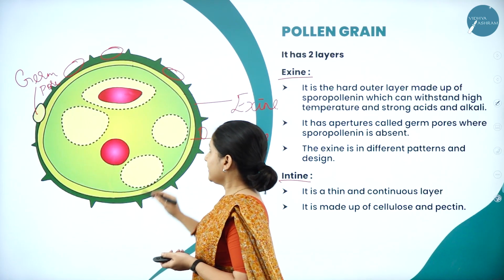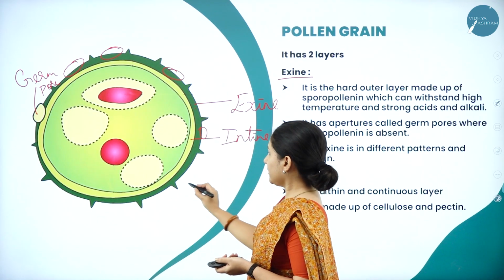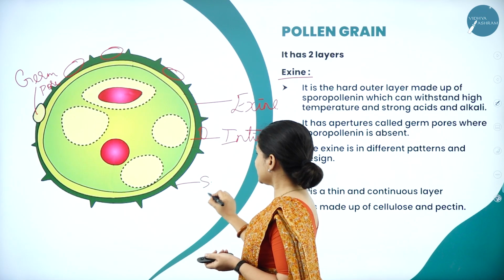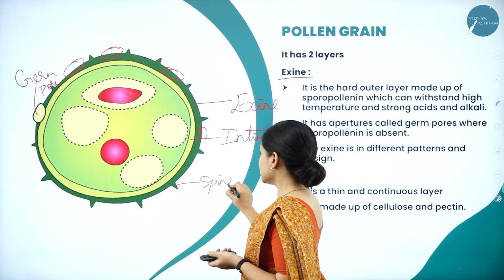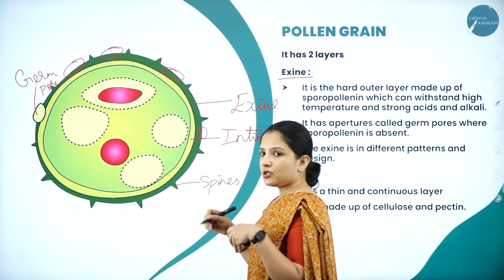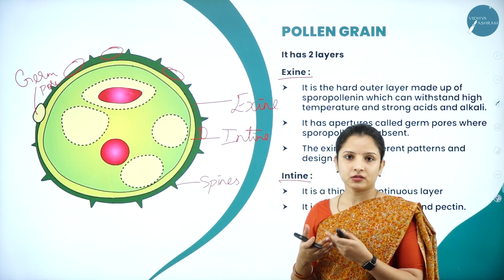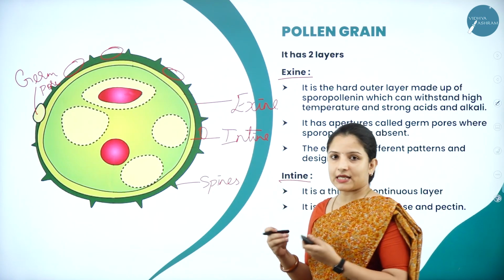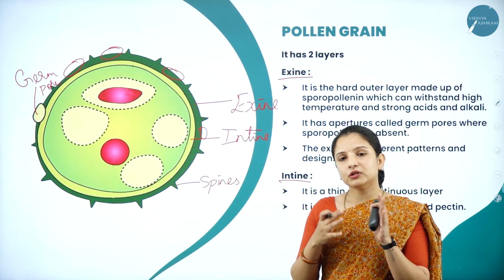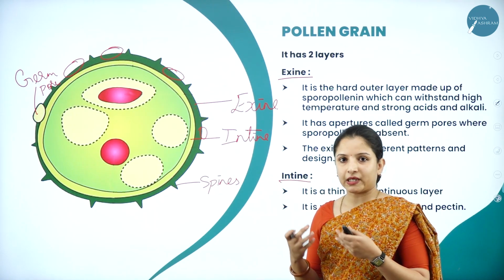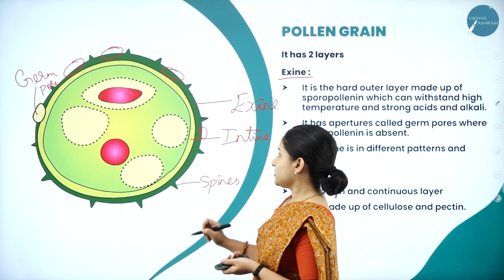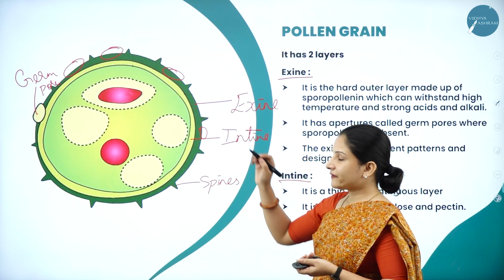The exine of the pollen grain, can you see here? You can also see spines. Why all this is present is because it will increase the rigidity, or the toughness of the pollen grain or the toughness of the exine. Therefore, pollen grains will have a longer lifespan. So that is why spines are present, and also you have germ pores.